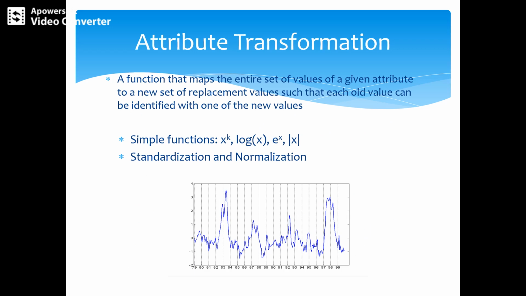The next topic is attribute transformation. An attribute transformation is a function that maps the entire set of values of a given attribute to a new set of replacement values, such that each old value can be identified with one of the new values.